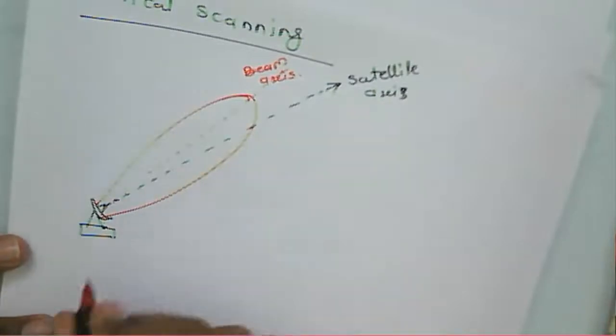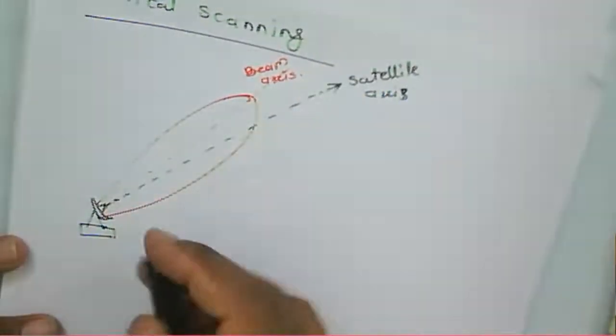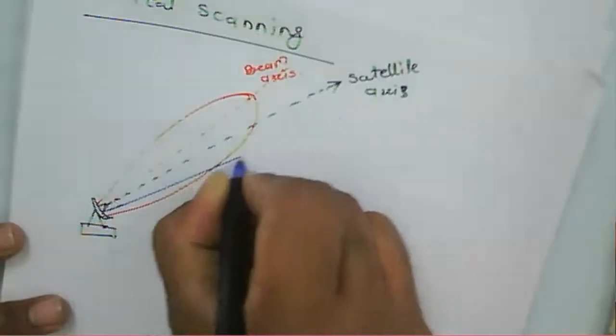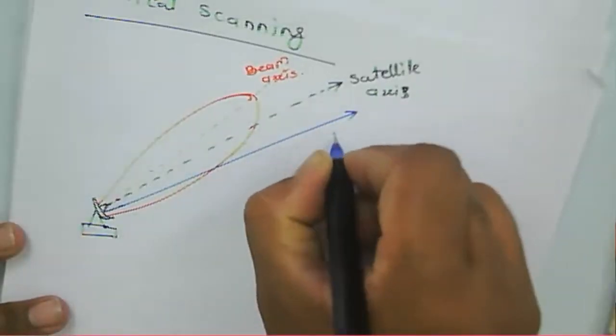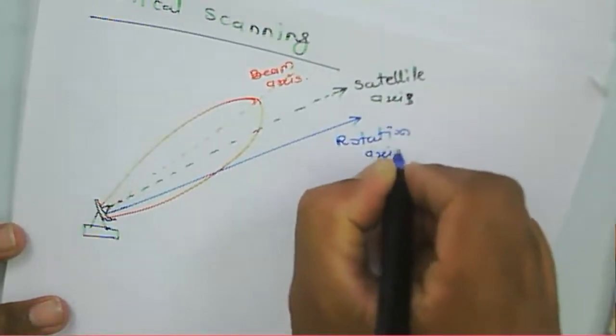So then, according to the given rotation, this is the satellite axis, this is the beam axis, and this one is nothing but the rotation axis.